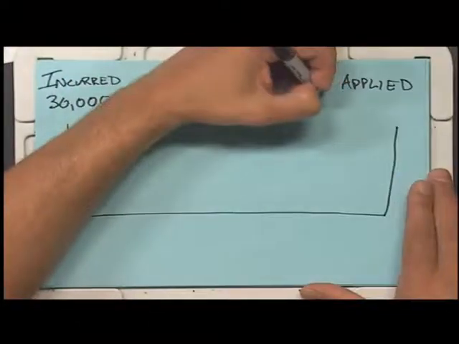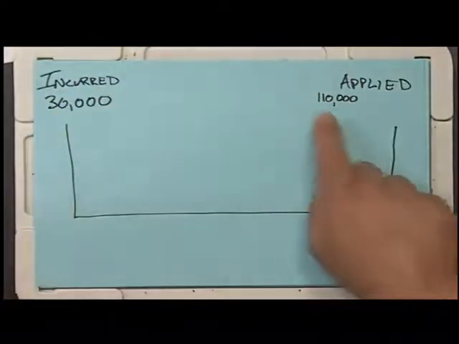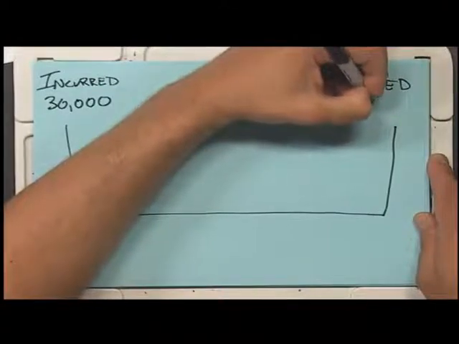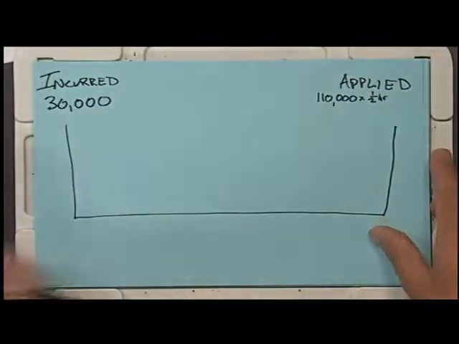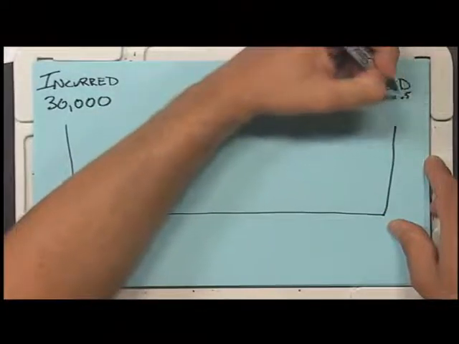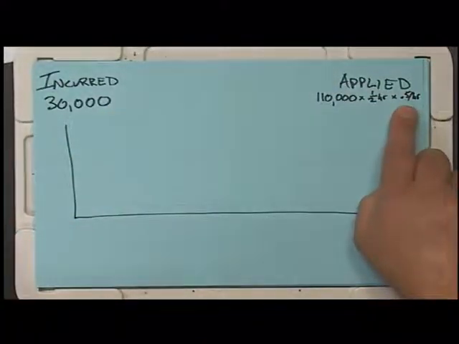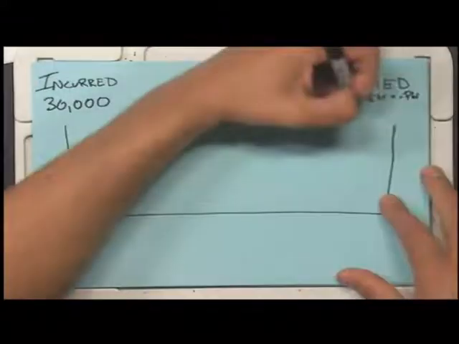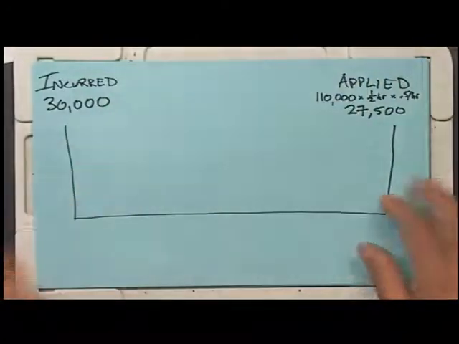So we're going to take our 110,000 pages. We're going to then multiply that by the half an hour that each page should take, and we're going to multiply that by the 50 cents per hour that we should have in fixed overhead. So that's a quarter of $110,000, or $27,500.